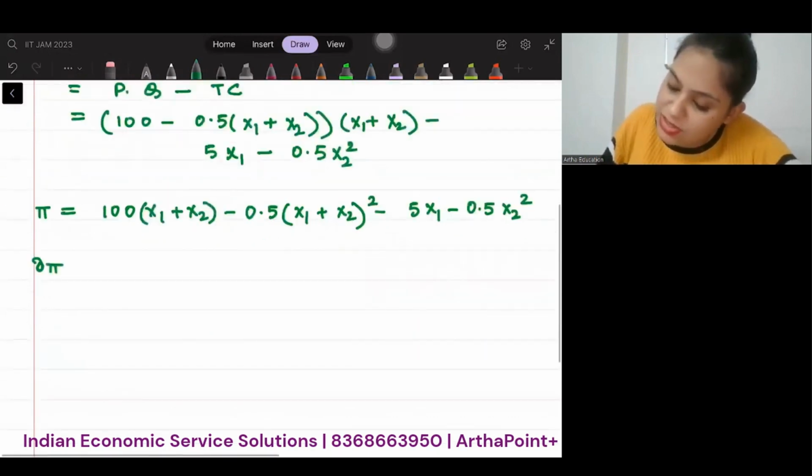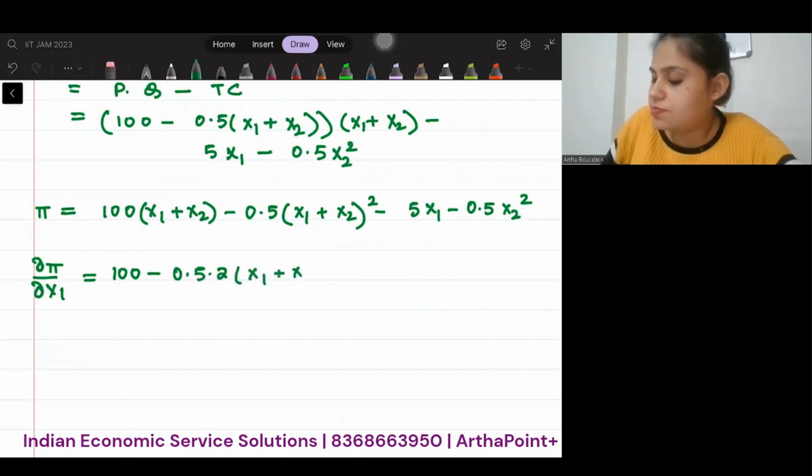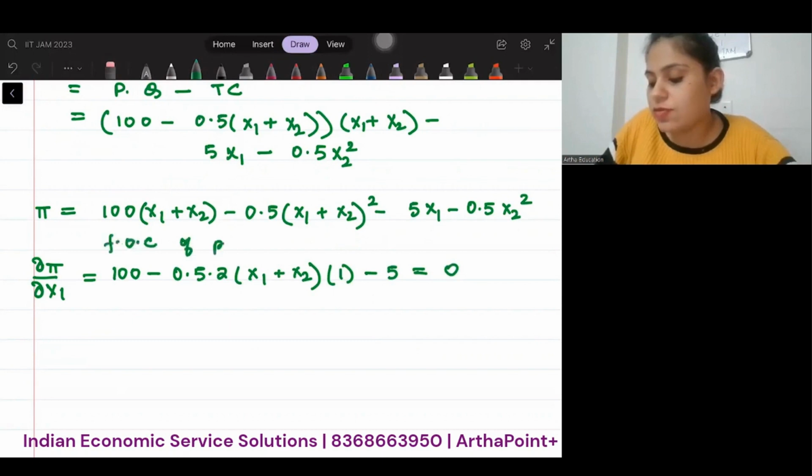Differentiate this with respect to x1. You will get 100 minus, just use the chain rule, 0.5 into 2 (x1 plus x2) into 1, minus 5, equal to 0. So I'm just finding the first order condition of profit maximization.